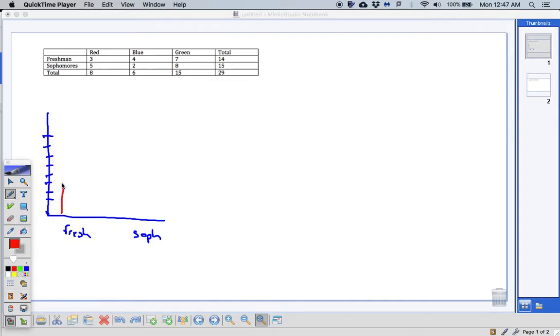So red goes up to 3, just to make it easier. And then blue is going to go up to 4. And then green is going to go up to 7. 1, 2, 3, 4, 5, 6, 7.